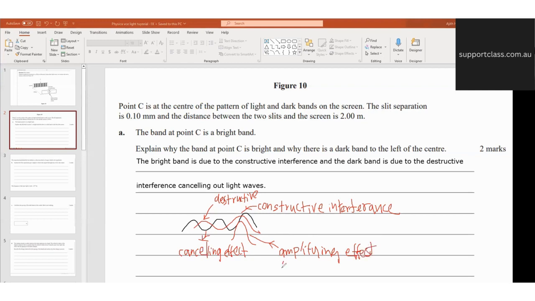Right? So the amplifying effect results in bright zones, and cancelling effects result in dark zones. So is that more clear now?